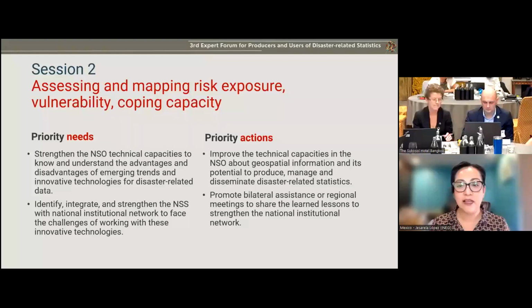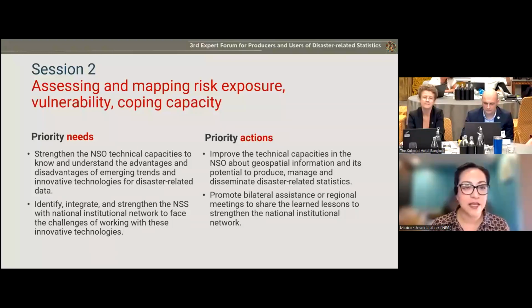We have a huge amount of data available from different sources, as I mentioned. We must be able to understand, manage, integrate, and disseminate it. The development of data hubs, for example specialized in disasters, could be a good way for the NSOs.